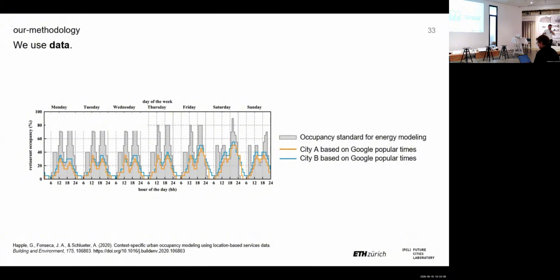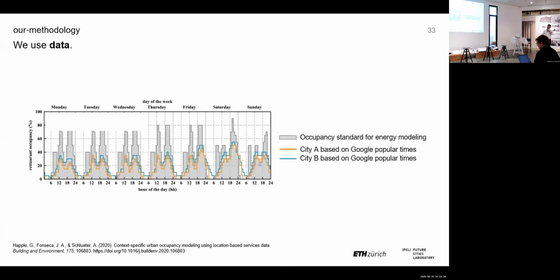Where do those curves come from? They most likely come from energy simulation standards, which could have been produced a long time ago, like in the 70s. In reality, it's very context specific. It's different from Haifa to Tel Aviv, and from Singapore to Zurich. But most of the time, we use the same curve everywhere.